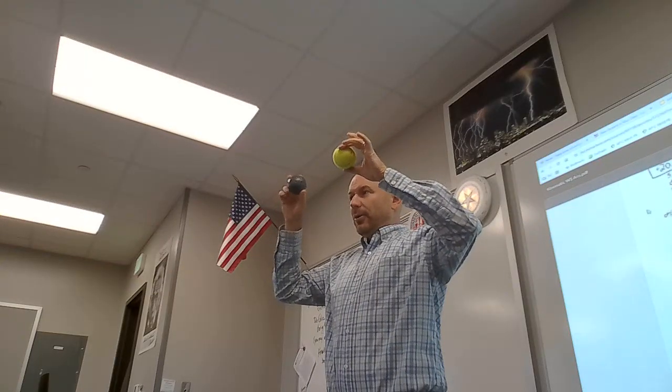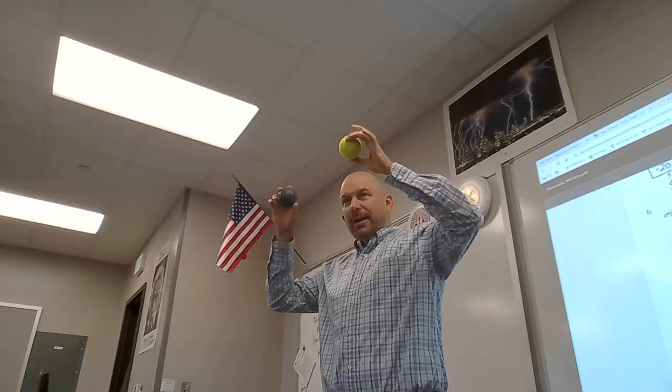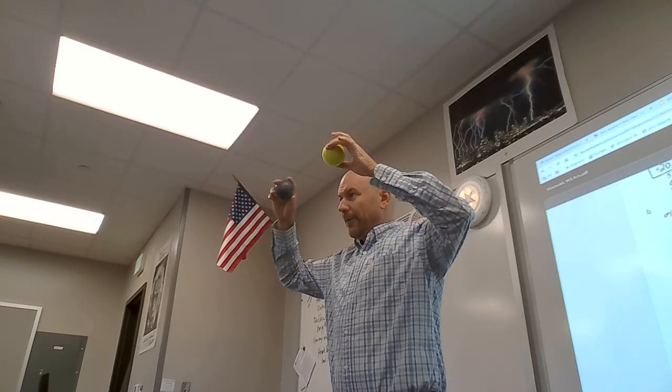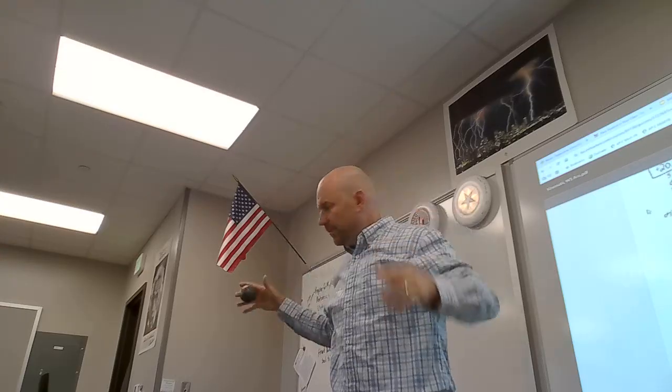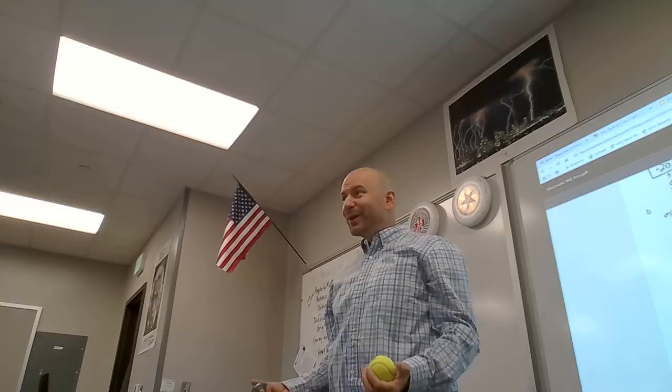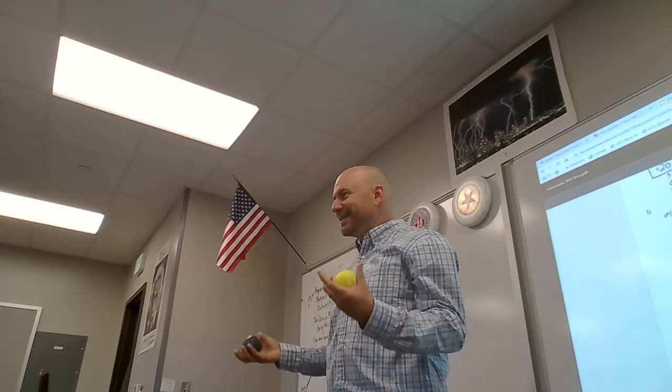I'm going to throw the gray one. I'm going to drop the tennis ball. Which one's going to hit the ground first? The one that was thrown, right? You don't have to be in physics to know that.